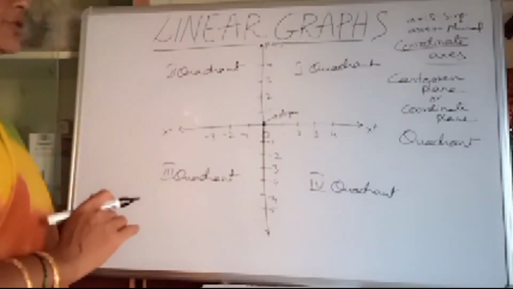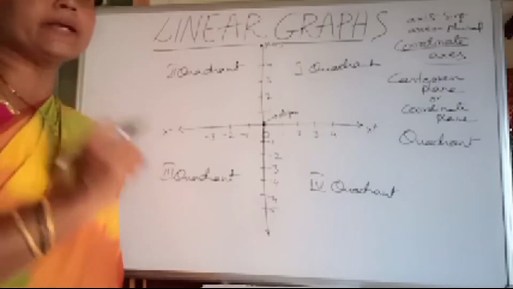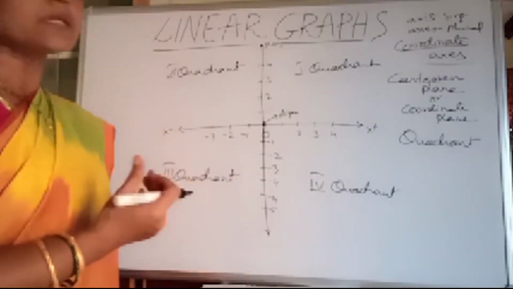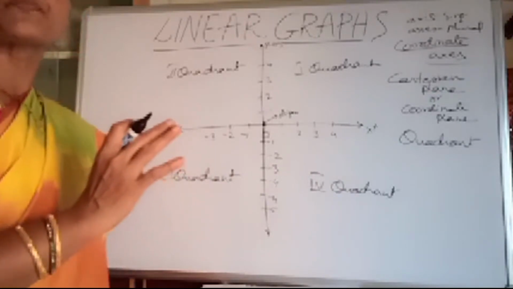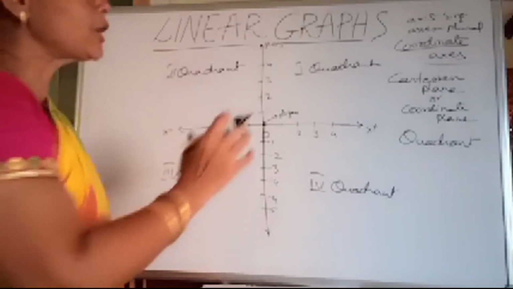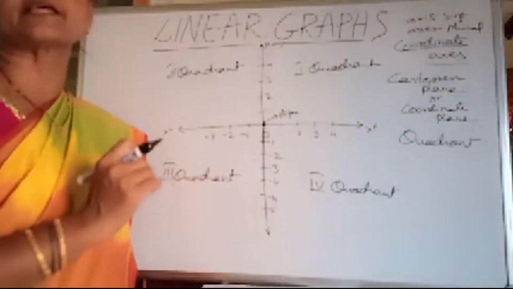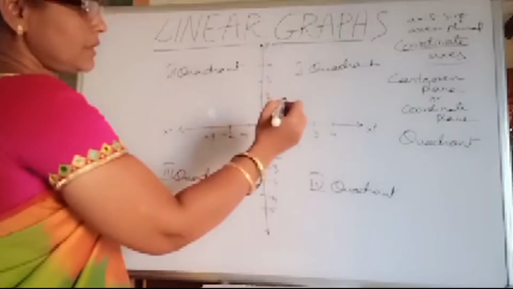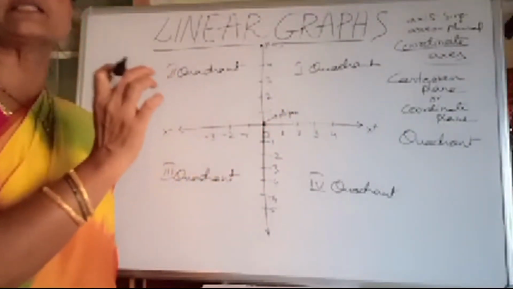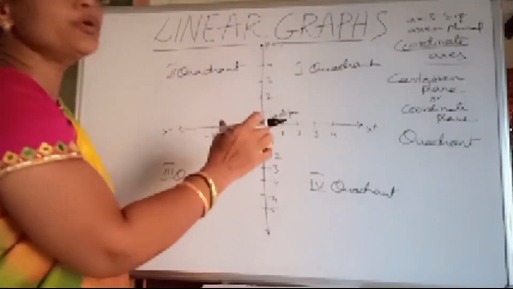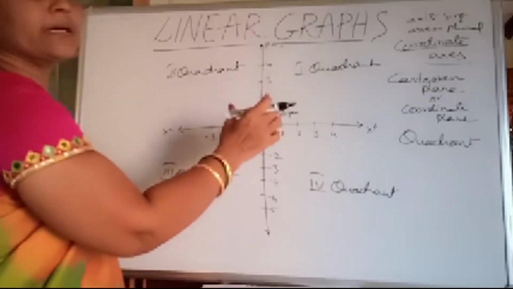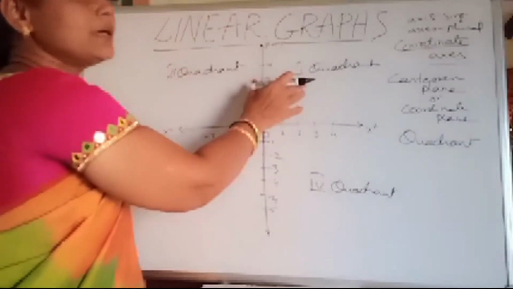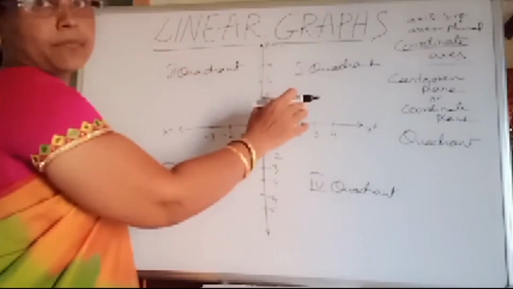Now, how do we describe a point? What is the location of the point? A point's position is always described taking the reference of the x-axis and y-axis.